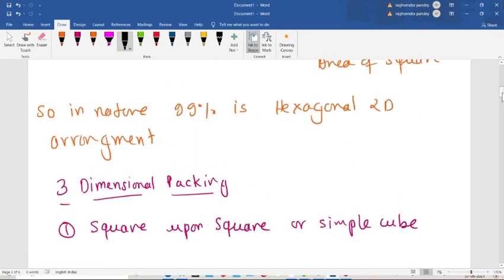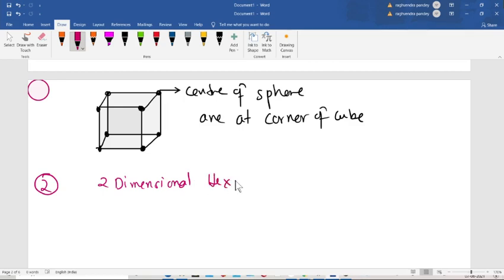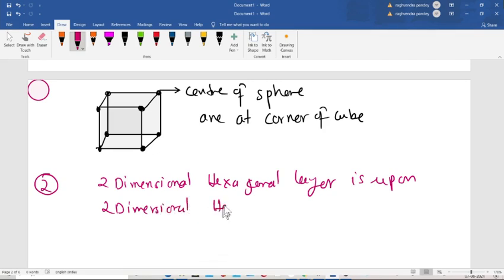Now coming on to the second packing. Second packing. The second one is the two-dimensional hexagonal layer upon a two-dimensional hexagonal layer.